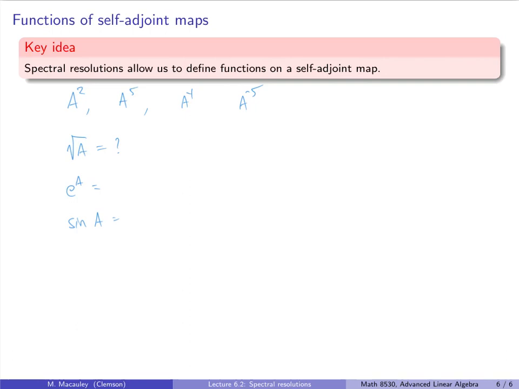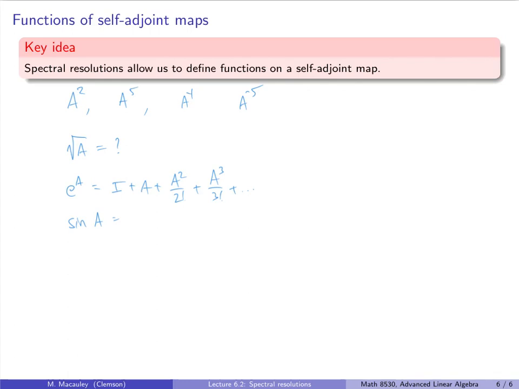Now, one sort of cop-out explanation for e to the A is, well, you just take the Taylor series of e to the x and plug in A. In other words, e to the A is I plus A plus A squared over 2 factorial plus A cubed over 3 factorial plus etc. Now, it's not necessarily clear that something like this is always going to converge, or what it means if it does converge.